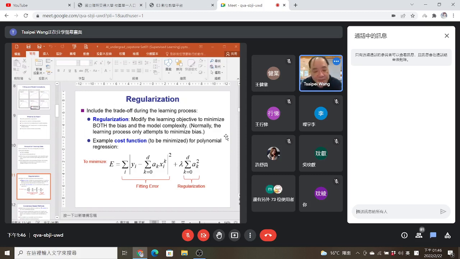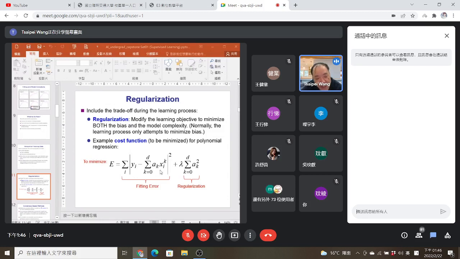Regularization is a process of adding some term into your training objective, like this. This is a typical objective of polynomial regression. That's the target output, and that's the predicted output from your polynomial.